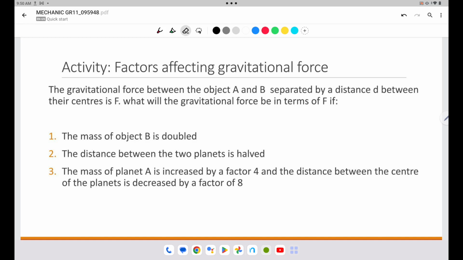Okay, so it says the gravitational force between objects A and B, separated by a distance d between their centers, is F. What will the gravitational force be in terms of F if, number one, the mass of object B is doubled?